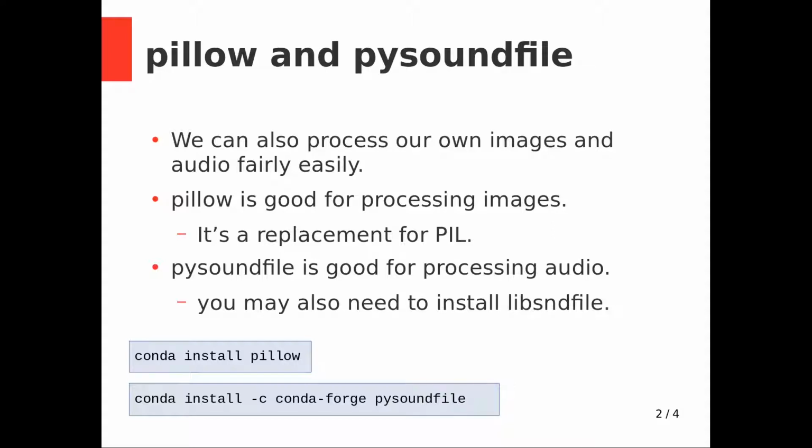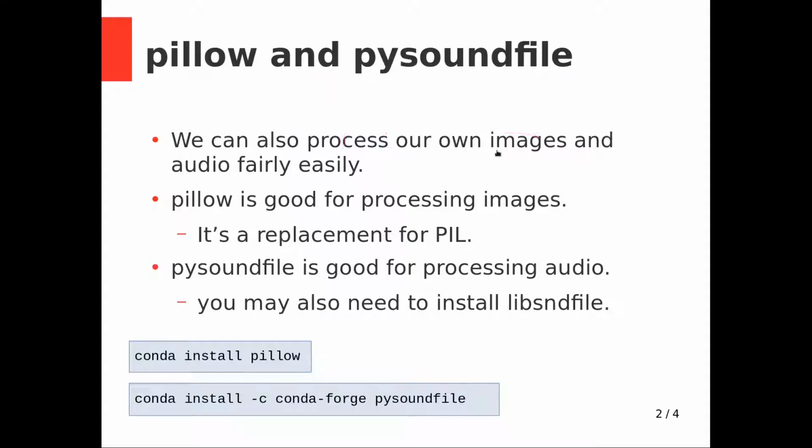Unfortunately, it can't open MP3 or OGG or AAC, but it is fairly easy to just convert one of those into a .wav or .flac. So on Linux, if nothing else, FFmpeg will do that pretty easily. And VLC has a graphical front end. You have to find it, but there is a transcode option in VLC that will also do that for you.